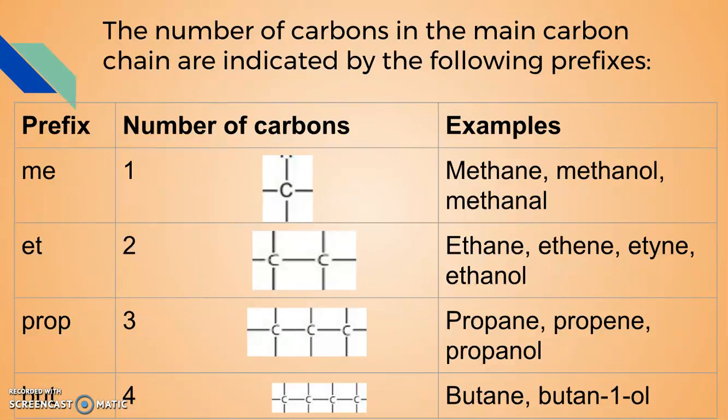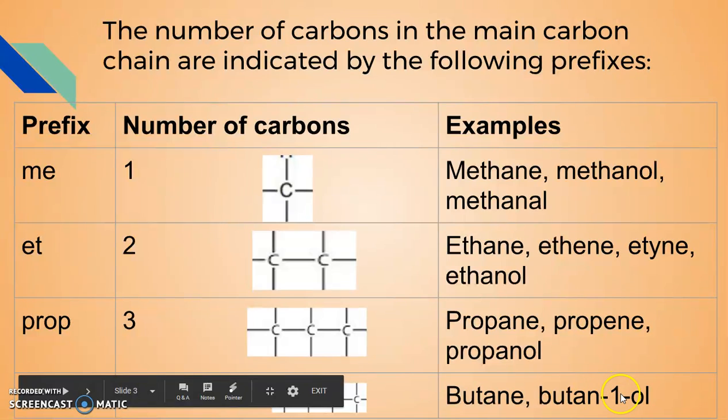4 carbons uses the prefix but. Butane, butan-1-ol. Aha! Where does this 1 come from? Remember, in our previous video, we looked at the position of the functional group. So let's see what information we gathered from this name already.